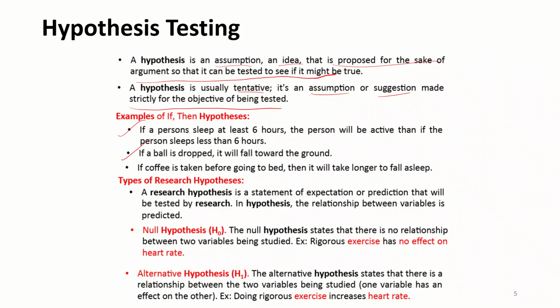Now the types of research hypothesis. A research hypothesis is a statement of expectation or prediction that will be tested by research. In a hypothesis, the relationship between variables is predicted. There are two types of hypothesis. One is the null hypothesis, which states that there is no relationship between the two variables being studied. Then there is the alternative hypothesis, which states that there is a relationship between the two variables being studied.